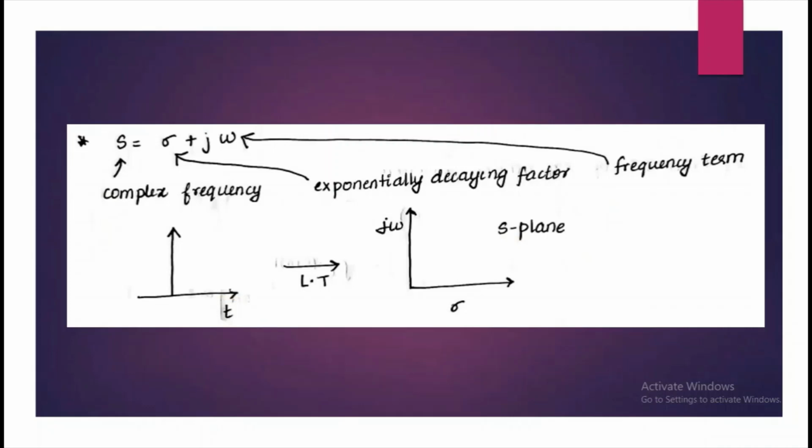It consists of two axes, that is sigma and j omega. S is the complex frequency, sigma is the exponentially decaying factor, and omega is the frequency term. So ultimately, our time domain signal by Laplace transform is converted into frequency domain.